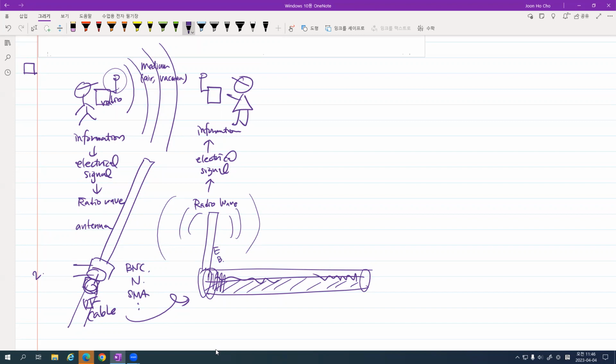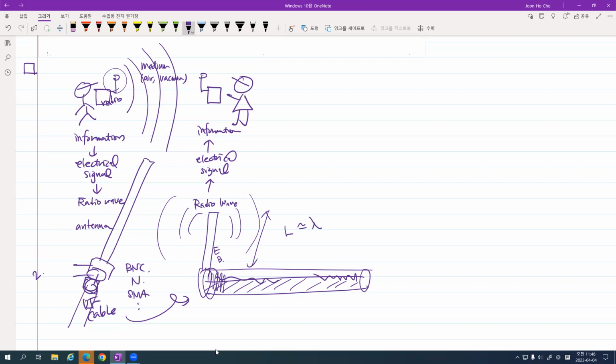And people have found that in order to efficiently radiate electromagnetic wave, especially radio wave, the antenna size must be big enough. The rule of thumb is that the antenna size must be almost the same order as the wavelength of the radio wave you want to generate.